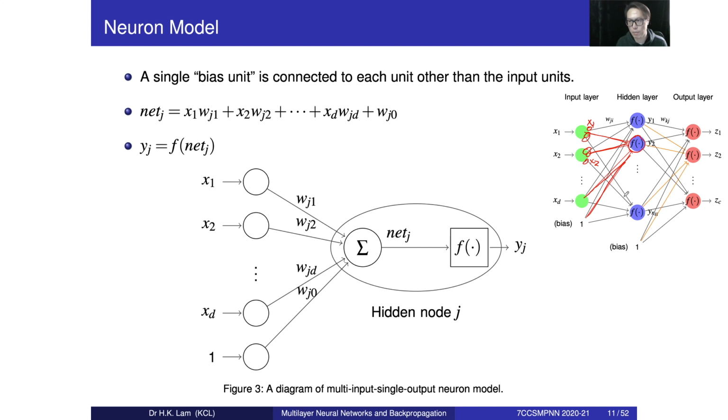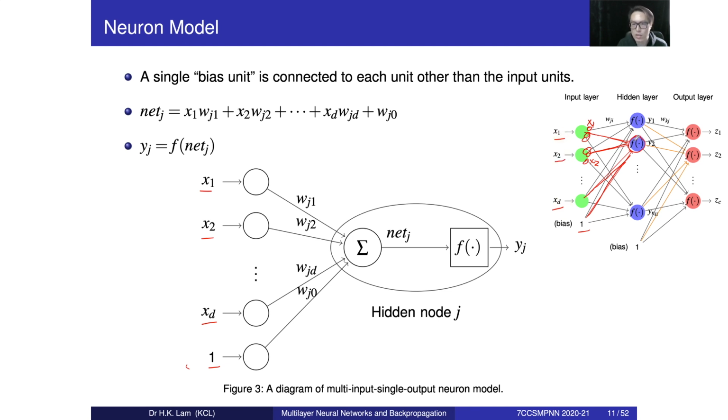It means that you are specifying a different hidden node, but the structure is exactly the same. So we look at this particular hidden node with x1, x2 up to xd, as well as the bias. So we will have this structure.